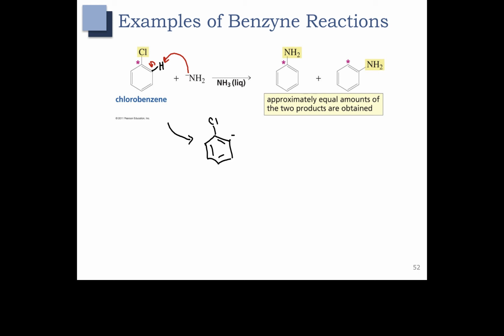And that negative charge can come down to form the benzyne. To get to the top product, our nucleophile NH2- would have to attack at the starred carbon, or the nucleophile can attack on the right carbon to get the right product.